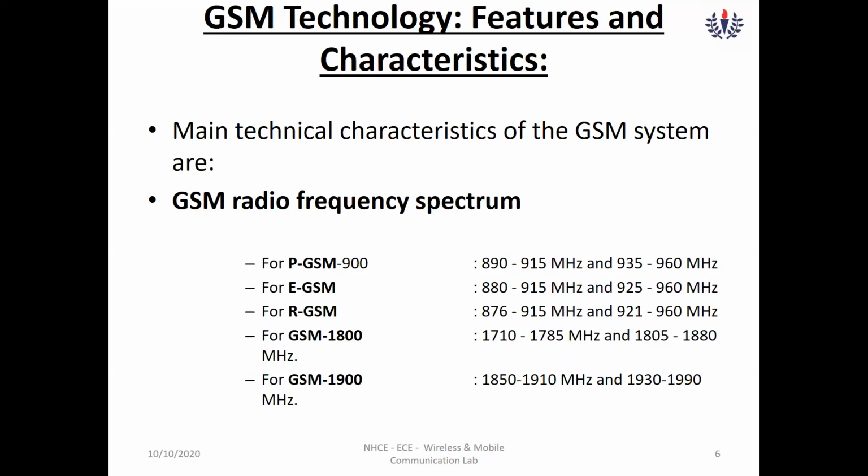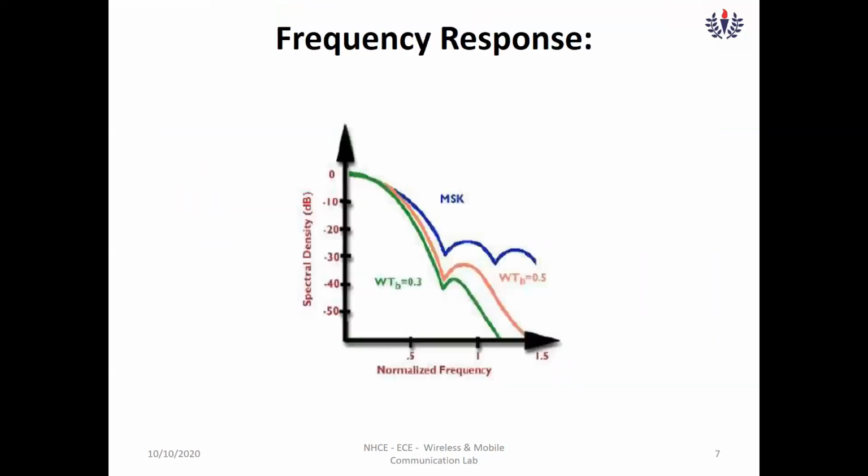And here you can see, as I said earlier, there are 3 different frequency spectrums: 900, 1800 GSM spectrum and 1900 GSM spectrum, out of which in our kit we are using eGSM of 900 and GSM of 1800. And here we have shown the frequency response of GMSK. GMSK means Gaussian minimum shift keying.